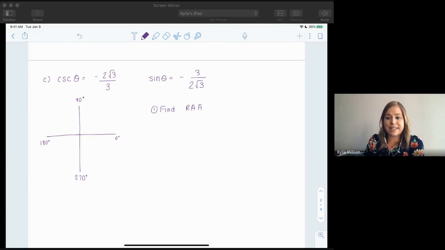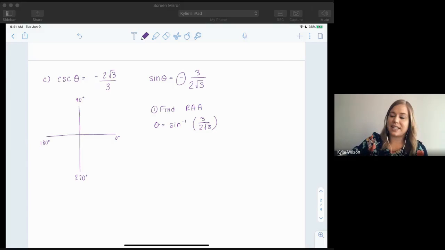Okay, so let's find that related acute angle. My theta is going to be equal to sine inverse of this thing. And remember that we use the positive one, again, to reiterate, because this negative is telling me where my angle lives, but the positive version will give us my related acute angle. I'm just going to type that into my calculator, and it is actually one of our special ones.